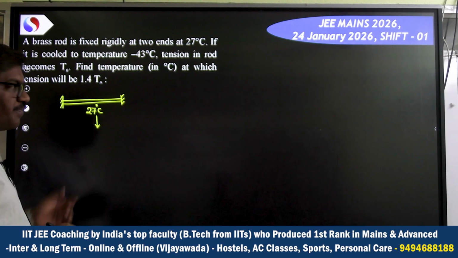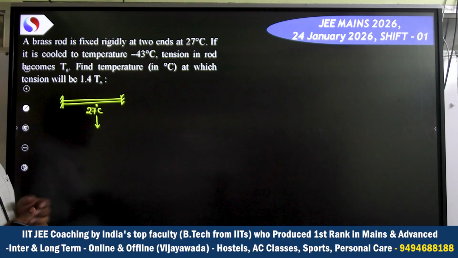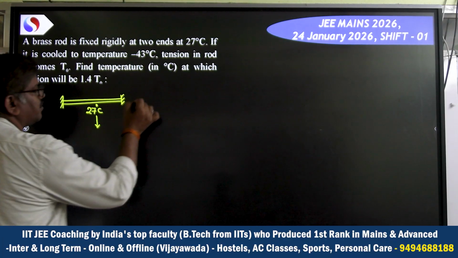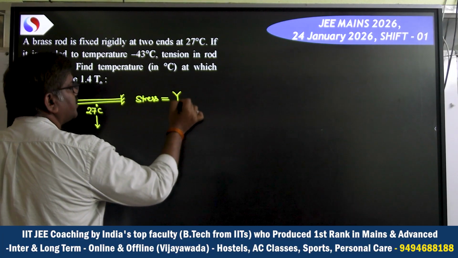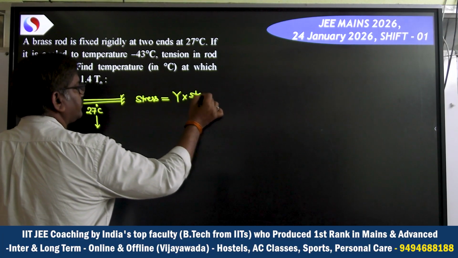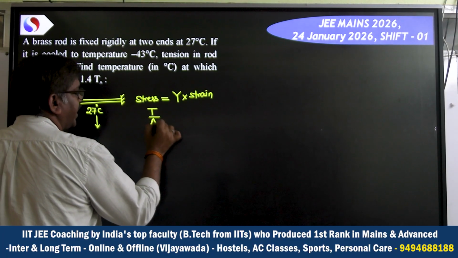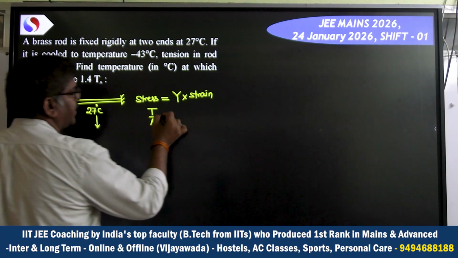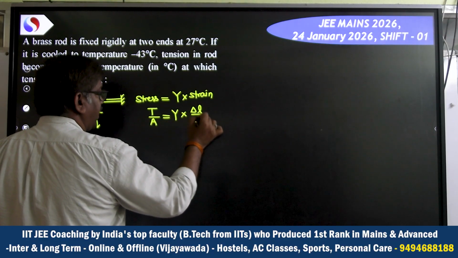But it is bound to stay at this length, that means a stress develops. If I say what is stress, then stress should be equal to Y into strain. Stress will be in the form of tension, that is T by A, force upon area. It is equal to Y into strain, that is delta L by L.